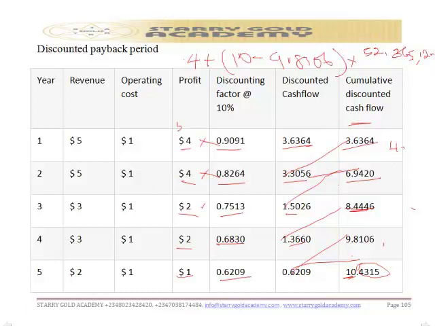It takes 4 years 4 months if you use 12, or 4 years 16 weeks if you use weeks, or if it's days you use, it's 4 years, 16 weeks times 7. That's the number of days you will have. That is how it is done. I hope you understood that regarding discounted payback period.